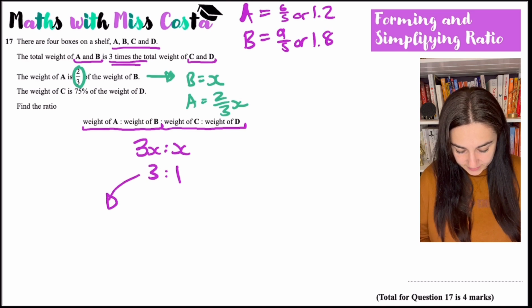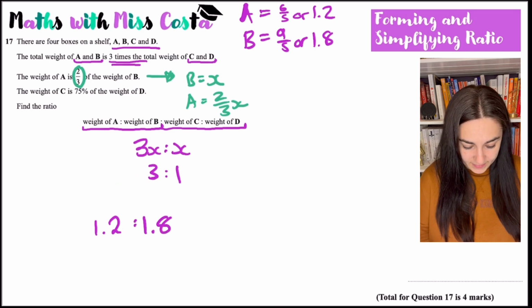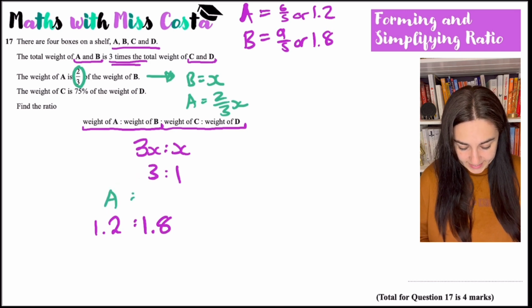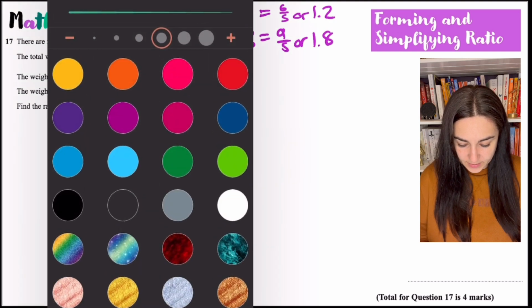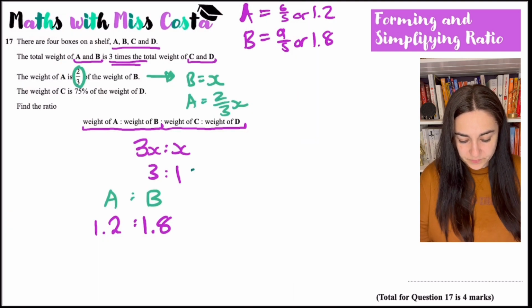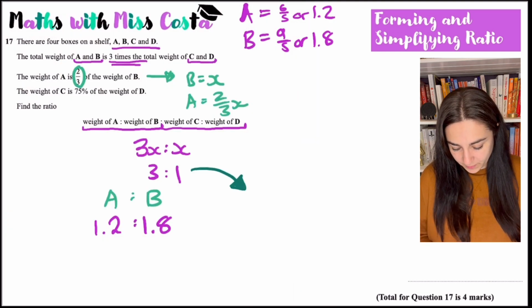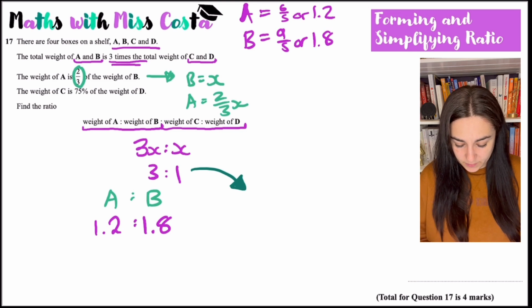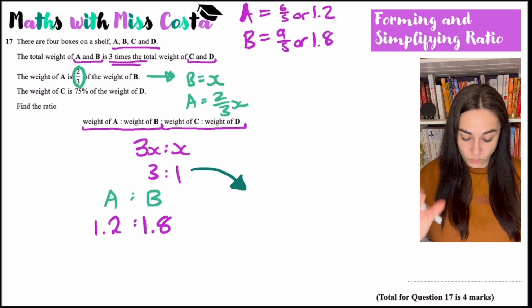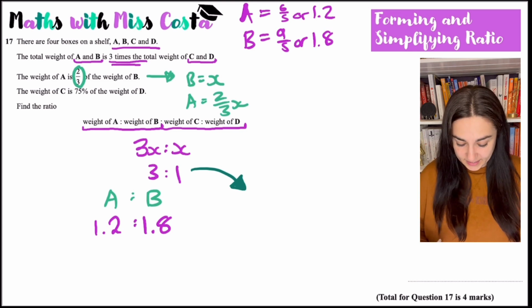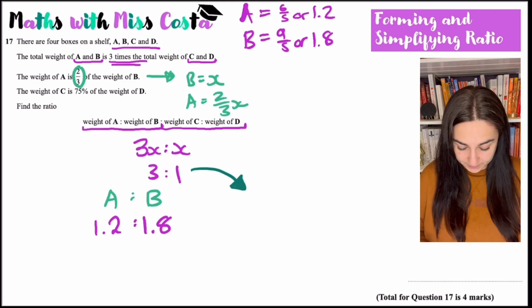So I've just broken that up into 2 parts, 1.2 to 1.8, and that is the ratio of A to B. Now what I want to do is do the same, but with this part here. So I know that the weight of C and D is going to be 1 part of whatever A plus B is.